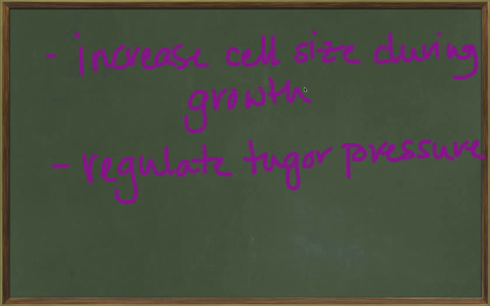Now you all know what turgor pressure is, even if you don't know the language behind it. Turgor pressure is when a cell collects water, and I'm talking about a plant cell, and it pushes the vacuole out. It expands it.